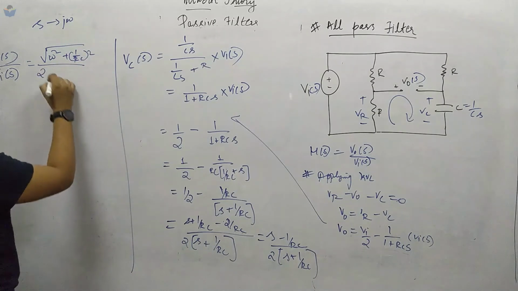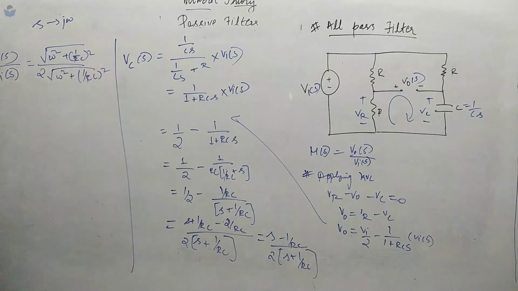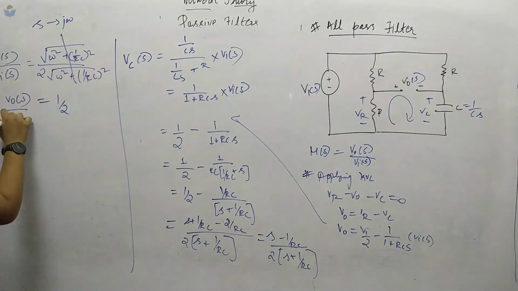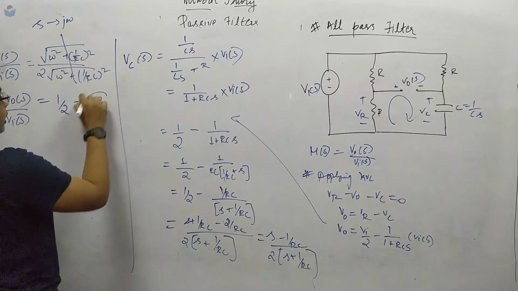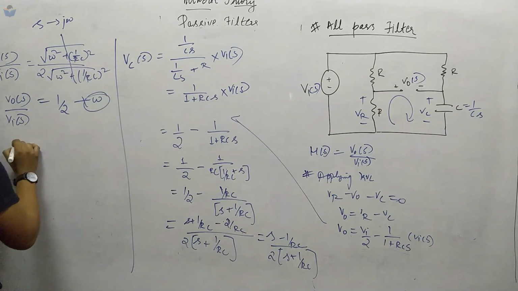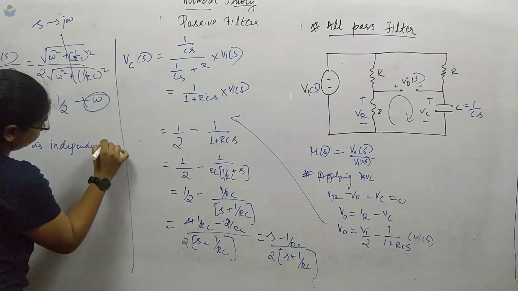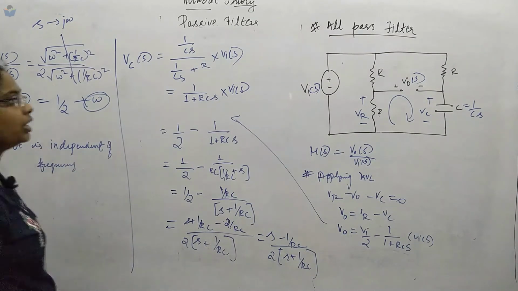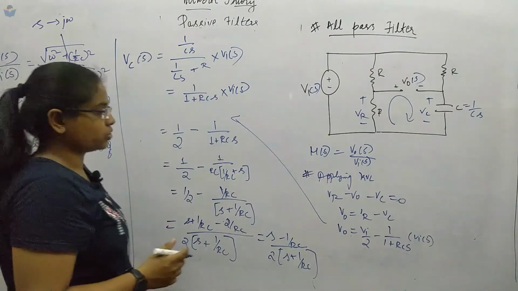Plus or minus term doesn't matter now. Omega square plus 1 by RC square. Now I can cancel out this term. I am left with 1 by 2. So if you observe over here, there are no omega terms. It is independent of frequency. So you can conclude that when it is independent of frequency, it is the all pass filter. I hope you have understood this one.